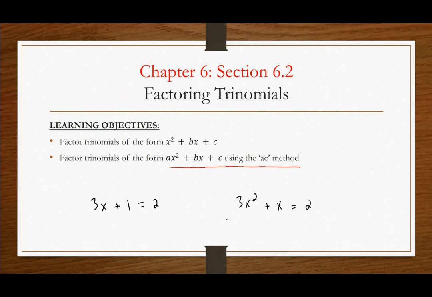And so we cannot just use the properties of equality like we did before to be able to solve this. We use a factoring method, and we'll find that there's actually other ways as well to solve these more complicated types of problems. But at the root of all of this is learning how to factor. So let's start with this particular method.